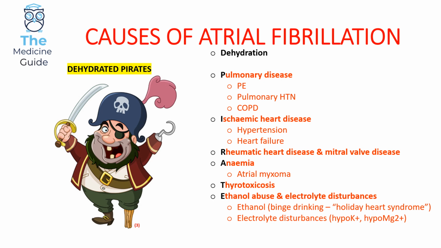Ethanol abuse is an example of binge drinking, and patients will classically describe this as holiday heart syndrome. Electrolyte disturbances involve hypokalemia and hypomagnesemia. And finally S, so sepsis and sleep apnea can also be potential presentations of atrial fibrillation.